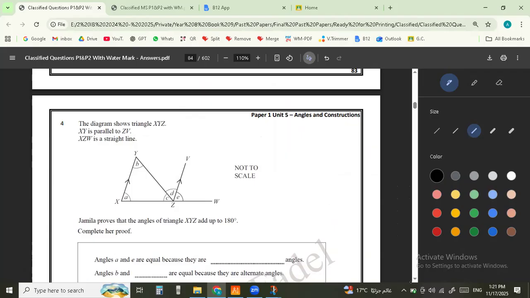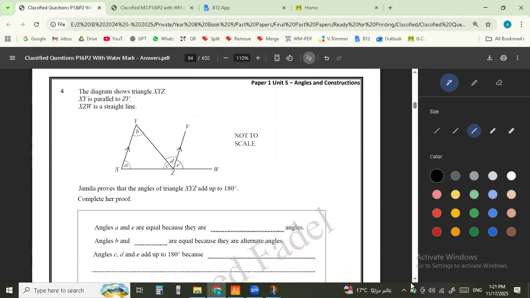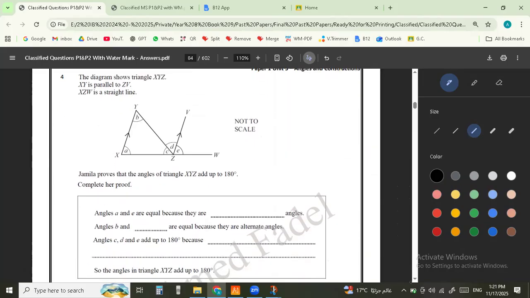The diagram shows triangle XYZ. They told you that XY is parallel to ZV, and they also showed you through these arrows that they are parallel. Jamila proves that the angles of triangle XYZ add up to 180. Complete her proof. Angles A and E are equal because they are corresponding.